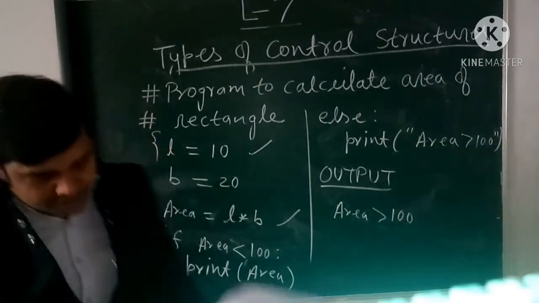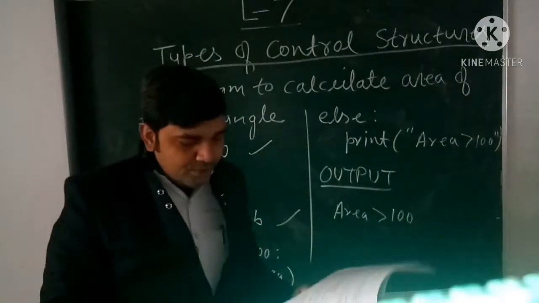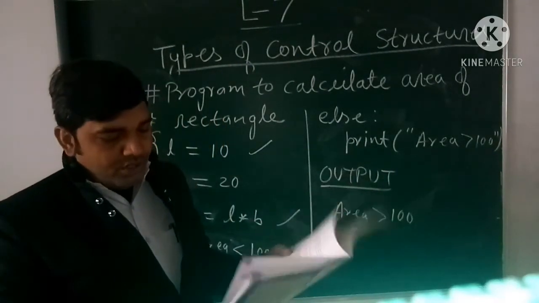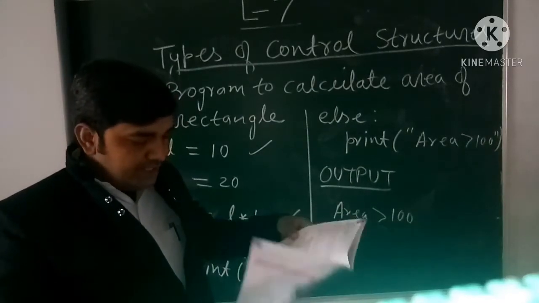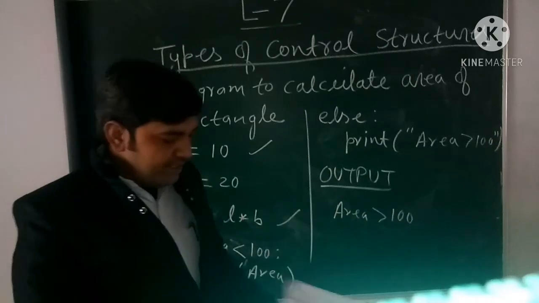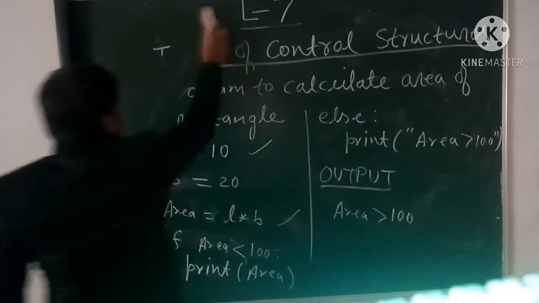So this is the conditional statement and the flowchart is given. Flowchart is the pictorial representation of the flow of the steps or procedure to solve a problem. As here the flowchart is given, in the flowchart we see about the flow.